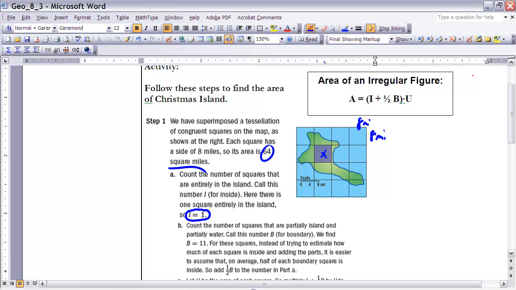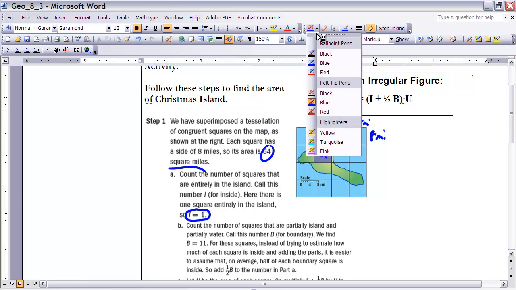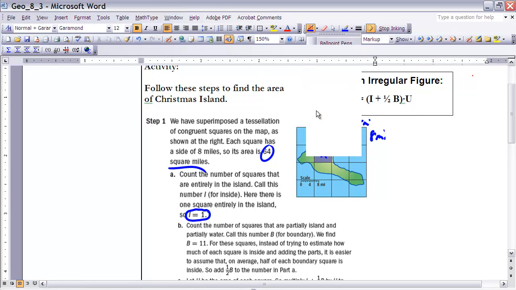When we count boundary squares, we're going to count any square that is partially the island. It might be partially island and partially water, but if it is, we're counting it.